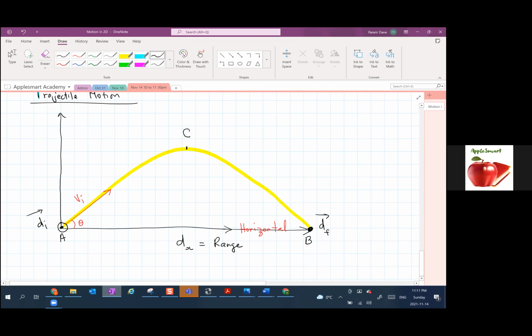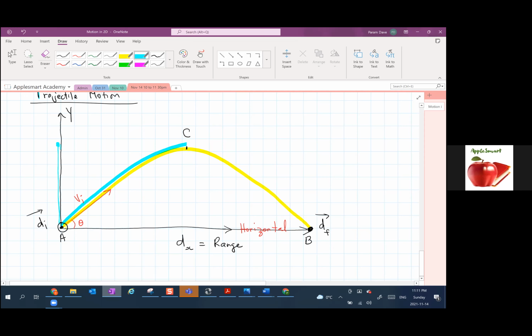is also simultaneously representing some motion along the y-axis. So as it goes from A to C, vertically, it is going from A up until this point right here.